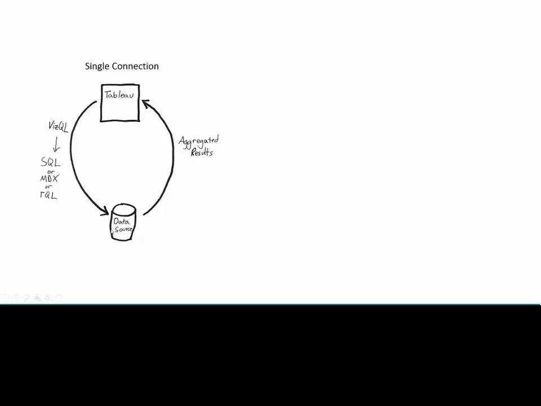Maybe that's on a server. It doesn't really matter, because when I'm dragging and dropping fields in Tableau, what Tableau is doing is, first, generating some VizQL, some visual query language. That's an amazing thing, but that gets translated into some flavor of SQL or MDX or TQL, and that is getting sent to the data source. The data source engine is running that query, and it's returning aggregated results to Tableau.